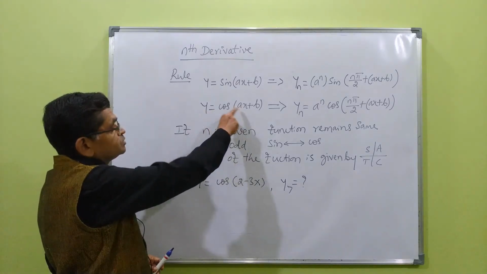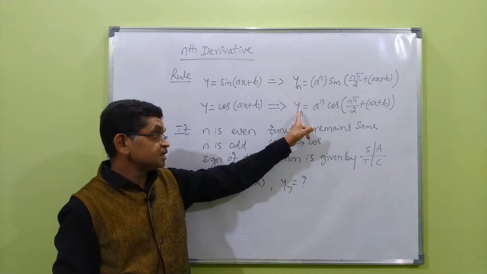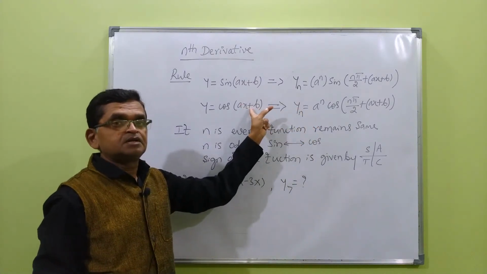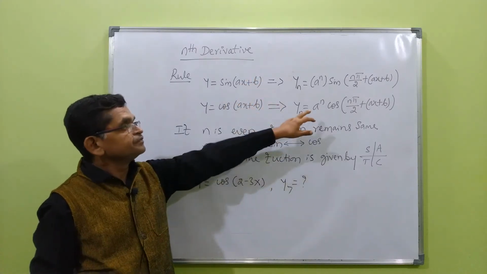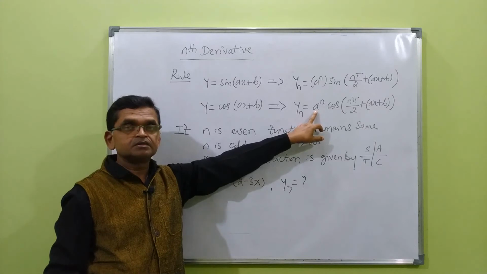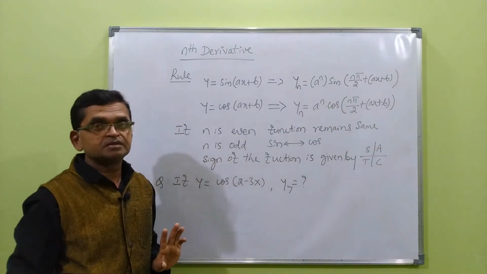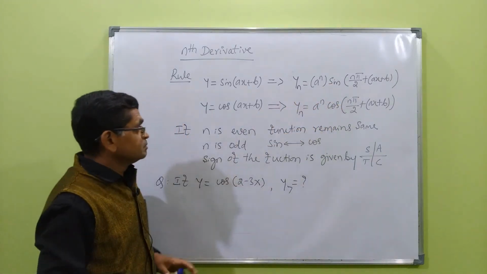Similarly, y is equal to cos ax plus b, the nth derivative of this function, dn by dx raised to n, is a raised to n cos of nπ by 2 plus ax plus b. Okay, only this changes.